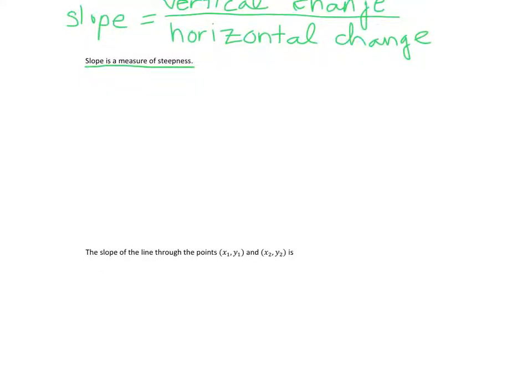Let's take two ordered pairs. And we want to eventually develop a formula, so we're going to give them generic names. We'll call the first ordered pair x1, y1, the second ordered pair x2, y2.